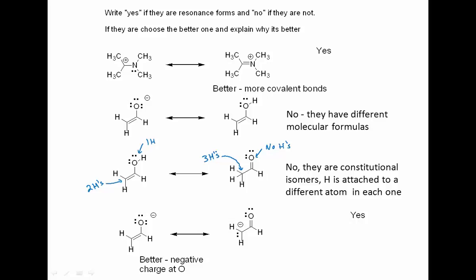But as before, the less important resonance form may go a long way toward explaining the chemistry of these systems. So we can't ignore the less important resonance form. Both contribute to the structure, and the one on the left contributes more.